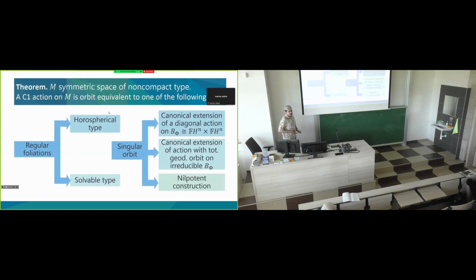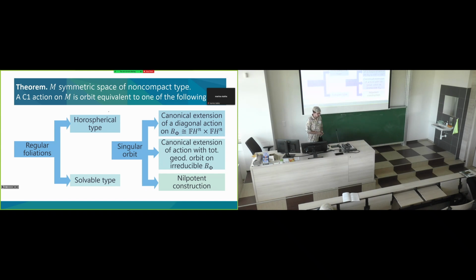So yeah, going back to the theorem, basically it says that if we have a foliation, this was the result by Berndt and Tamaru, a foliation of course of spherical orthogonal type, and if it has a singular orbit, it's either constructed as an extension of a diagonal action.